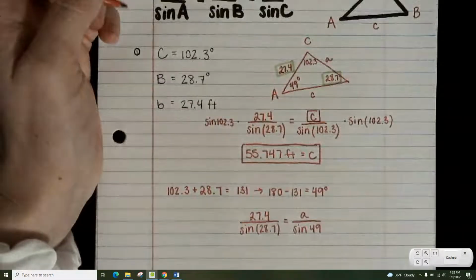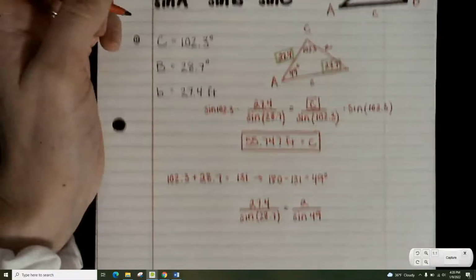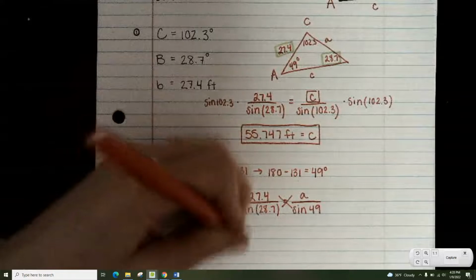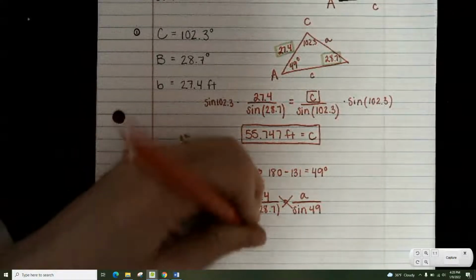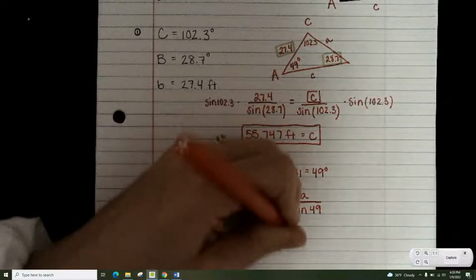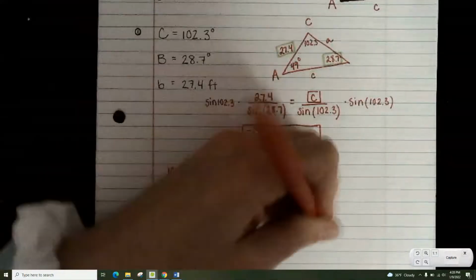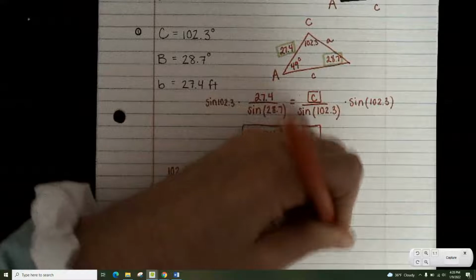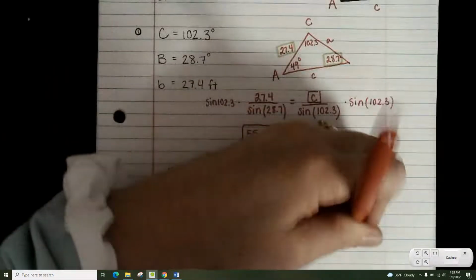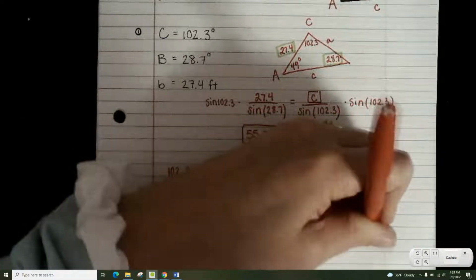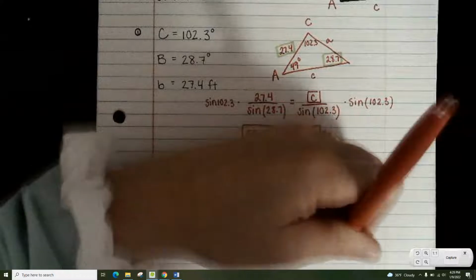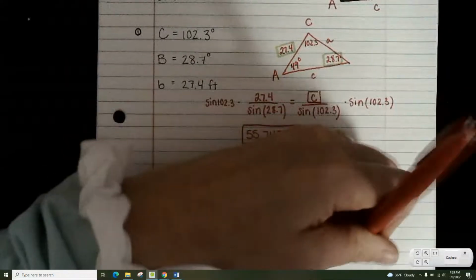A lot of people like to use cross multiplication, so I'm going to show you what that would look like. 27.4 times sine of 49 equals a times sine of 28.7. And then I'm going to divide by sine of 28.7 on both sides.